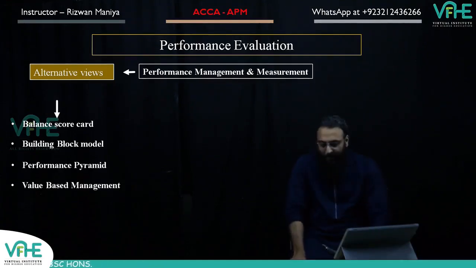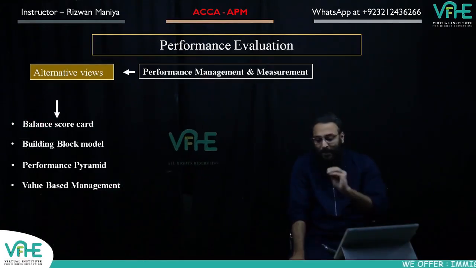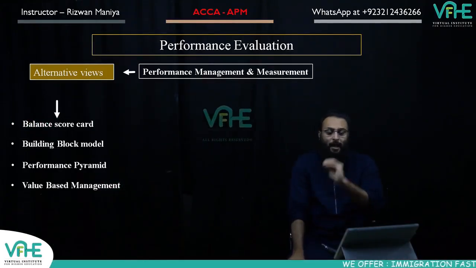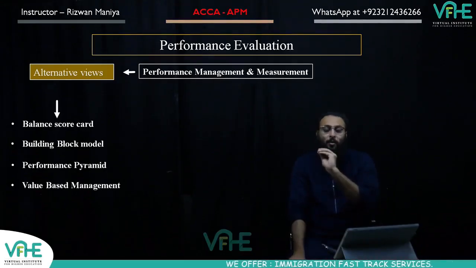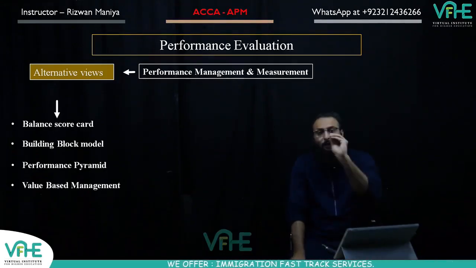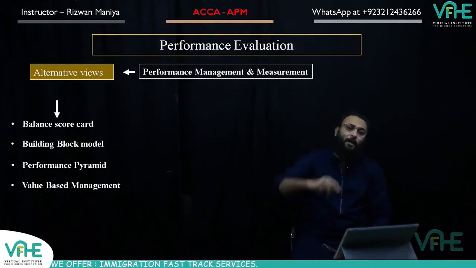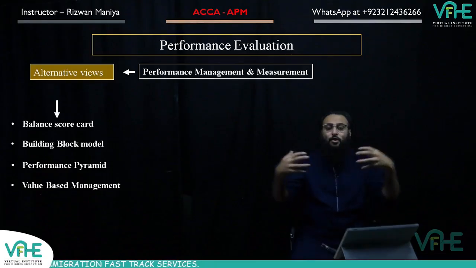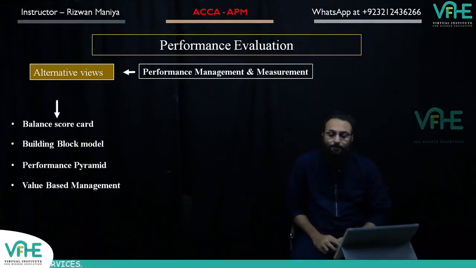Which means if you want to create value, measures like EVA should be there, and managers should know that if they create value, if they improve EVA, if their EVA results go up, they will be rewarded for that. So your reward system should be linked with value creation, VBM.